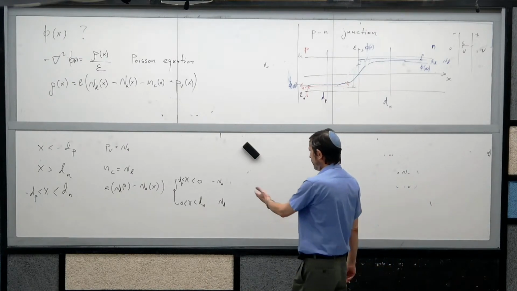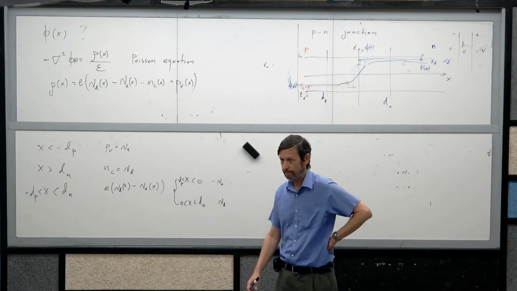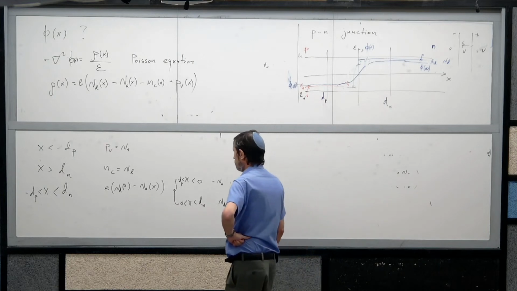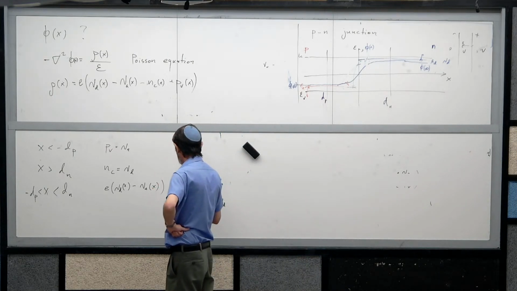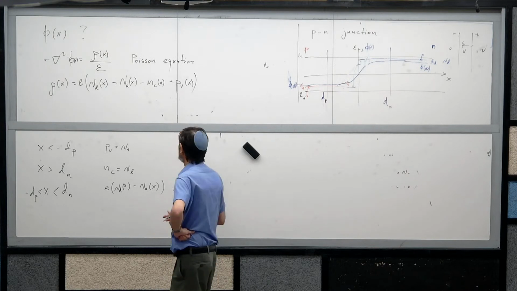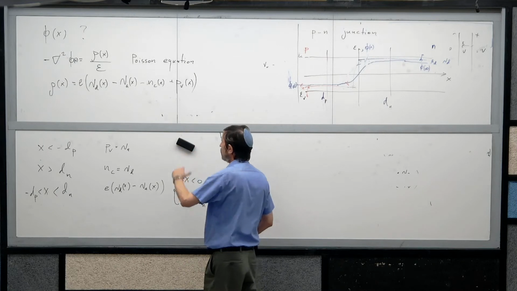So to the left I have just minus N_A, to the right N_D. Okay, so I know what rho is. I look at my Poisson equation.